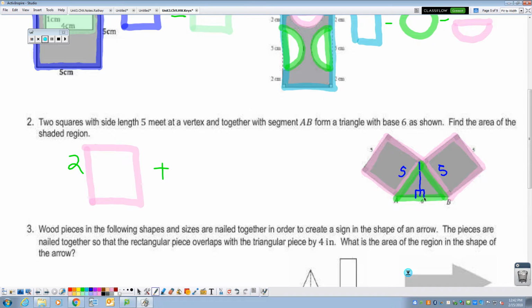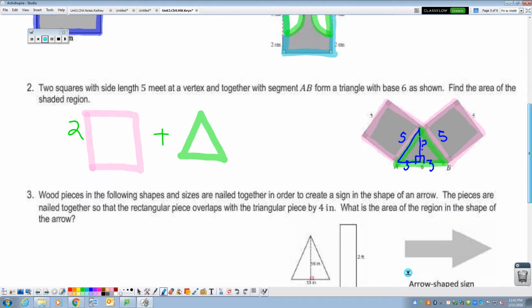And in an isosceles triangle, this is going to split up 3 and 3. And we could do a little Pythagorean theorem right here to get the height of that triangle. And once we have the height of that triangle, we can get the area of that triangle, add it to the 2 squares, and we have the area of that figure.